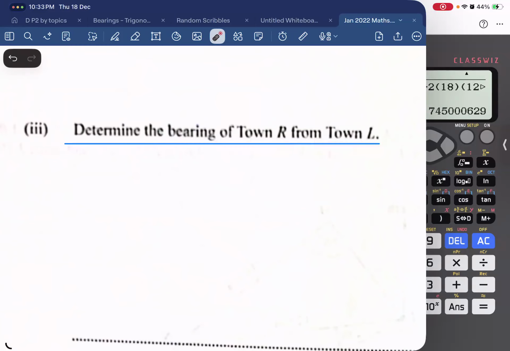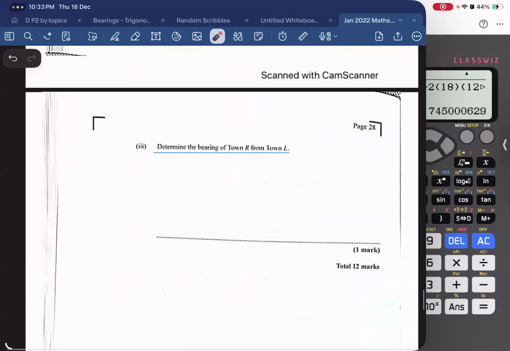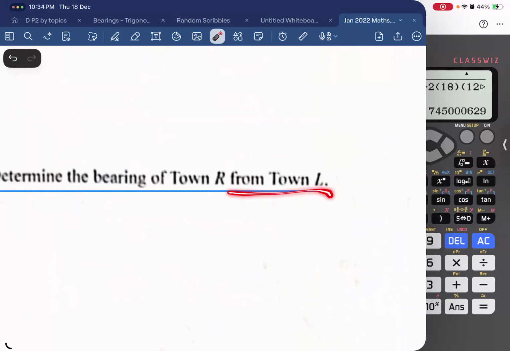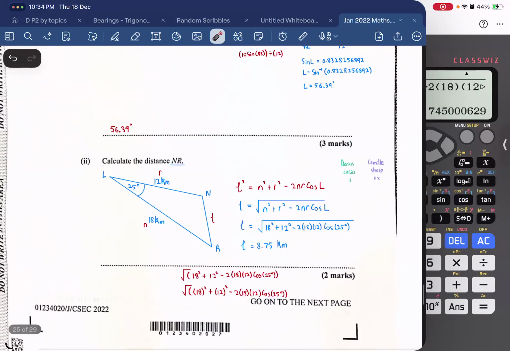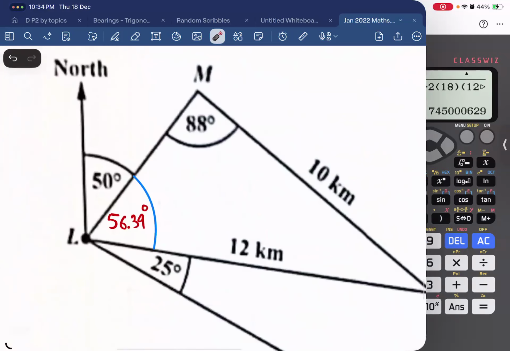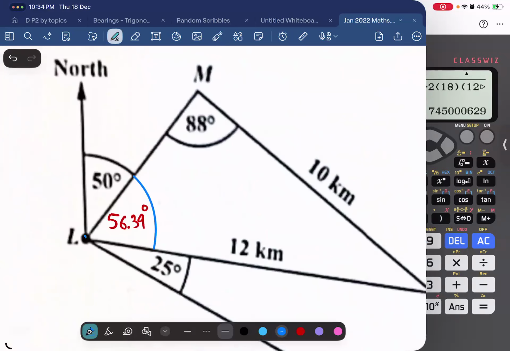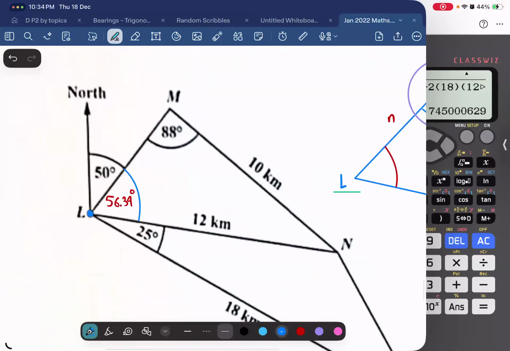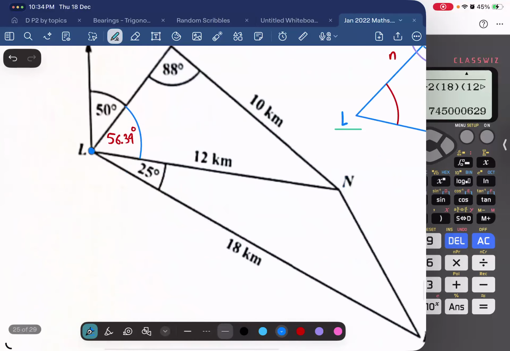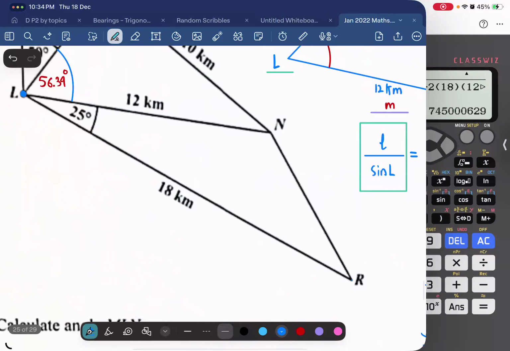Town L is where you're starting from, and you want to go to R. So watch that. Anytime you're reading off bearings, you always start from the north line, and you go in a clockwise direction until you touch the line connecting the point where you're starting from and the point you want to go to. We want to go from L to R, so that's this line over here.